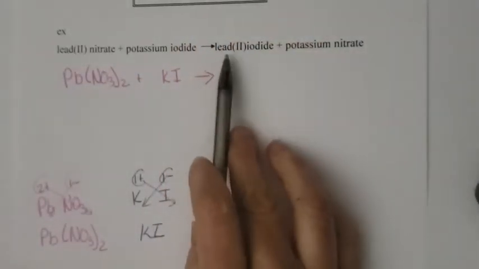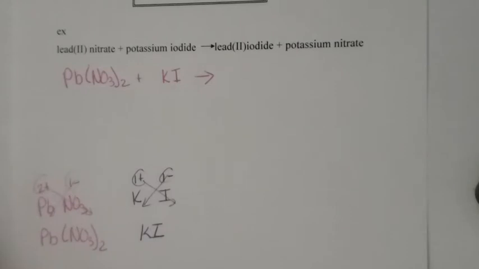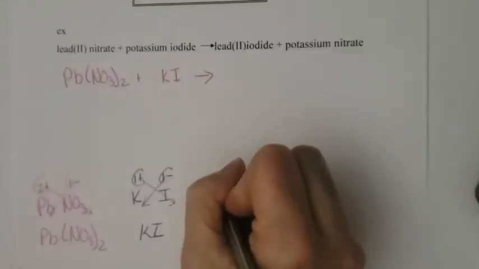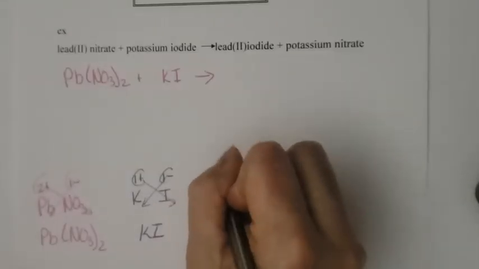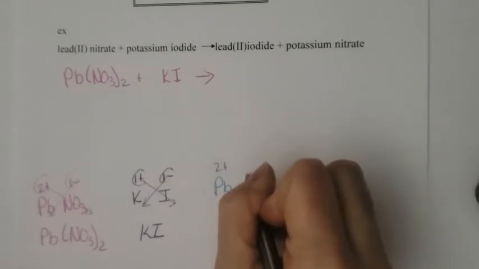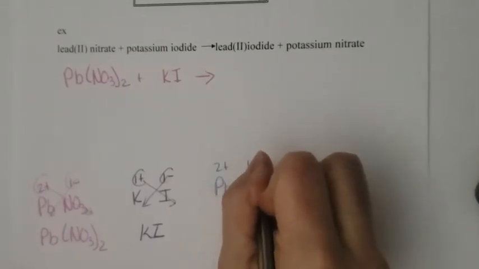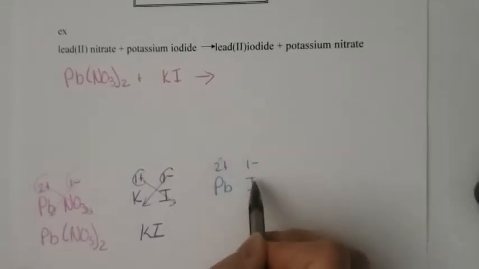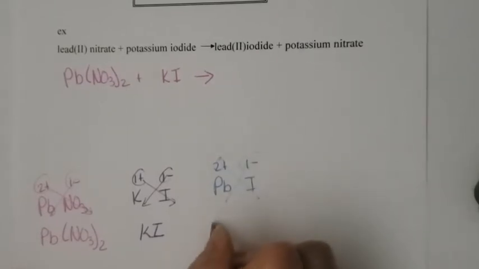And that gives me lead 2 iodide. Well, let's figure that one out. We know that lead is Pb with a 2 plus charge. Iodine is I with a 1 minus charge. Crisscross. And we have PbI2.